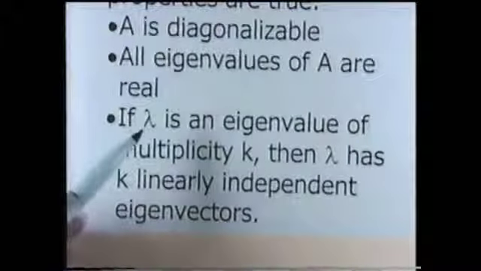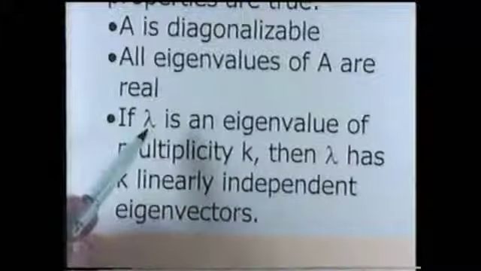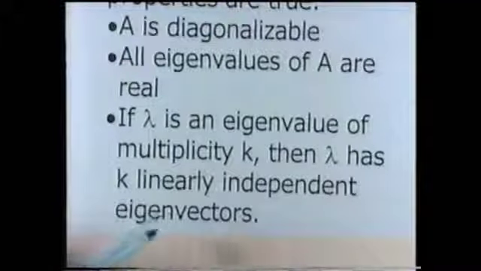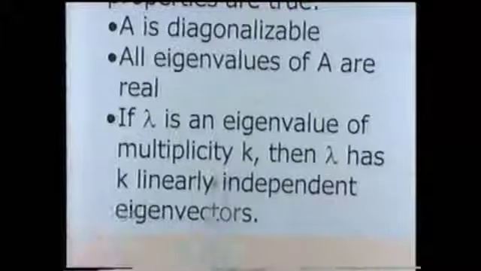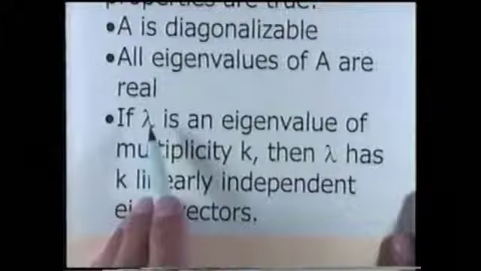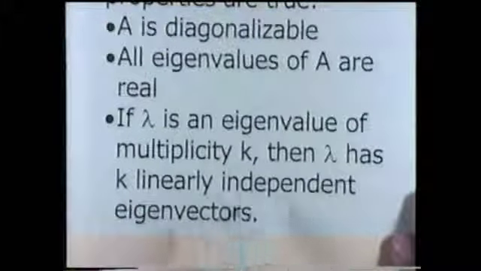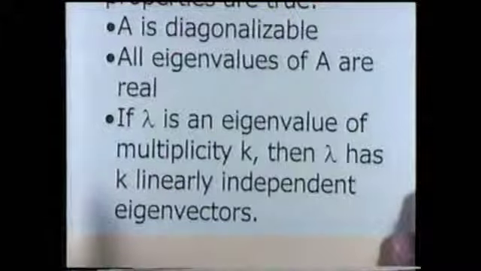So we've already talked about the case that sometimes if we have a repeated eigenvalue, I can find multiple linearly independent eigenvectors with it. Other times I cannot. Well, if I have a symmetric matrix, then I know that I can find the independent eigenvectors to go with a repeated eigenvalue.